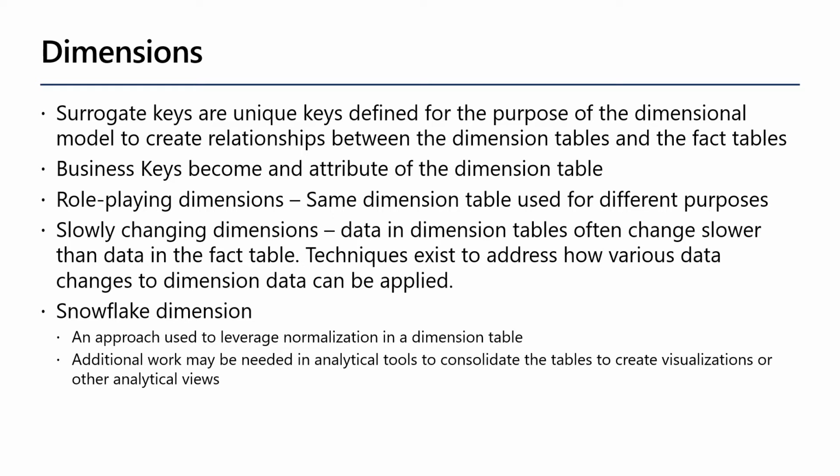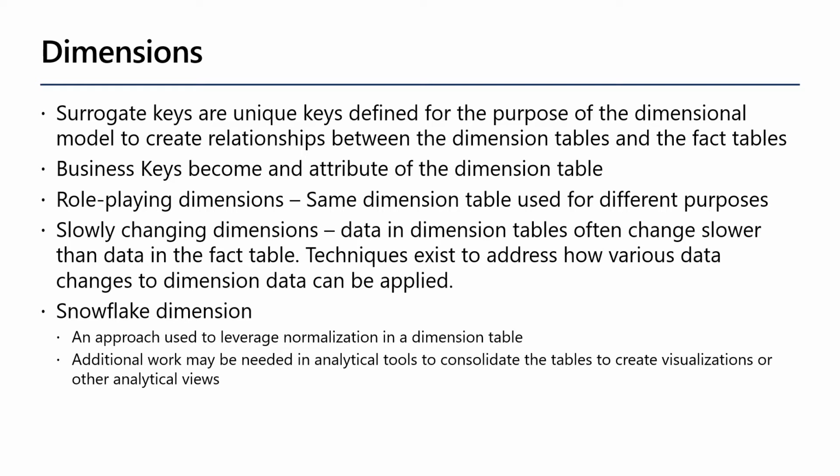A couple of other things that you may encounter as you're defining dimension tables in a star schema or dimensional model. One is role-playing dimensions. Now, a role-playing dimension is essentially a dimension table that we use for multiple purposes. A very common scenario would be date.